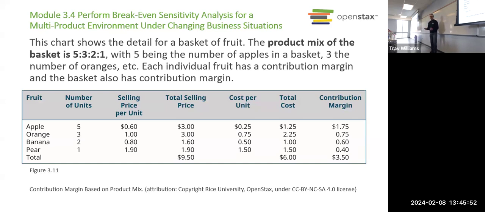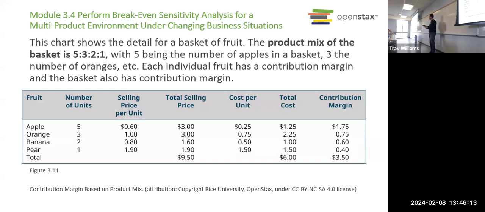Well, somebody somewhere came up with this idea to make what's called a composite unit, where you look at the ratio of how much of each product your company tends to sell. Because there are always some products that sell better than others, right?